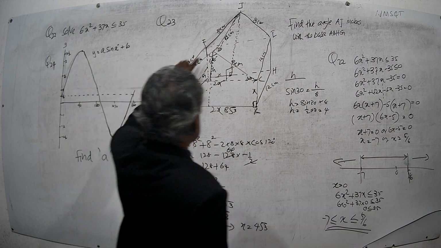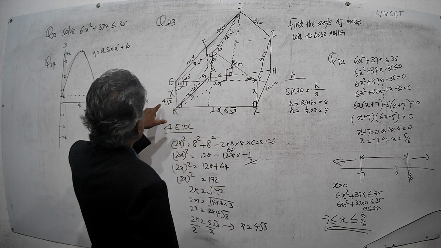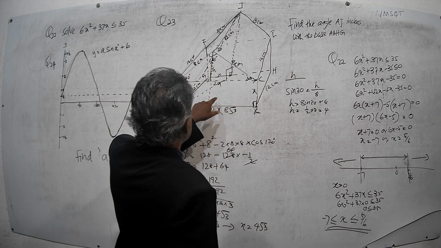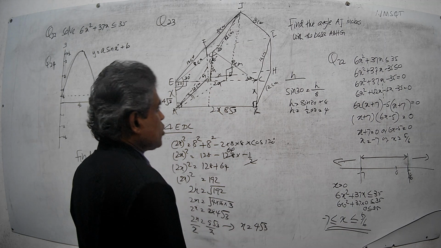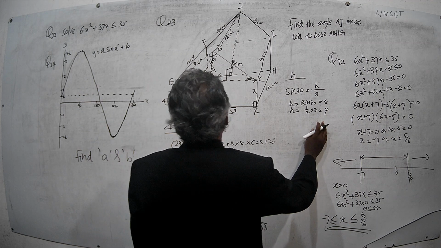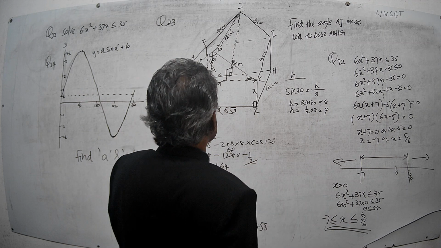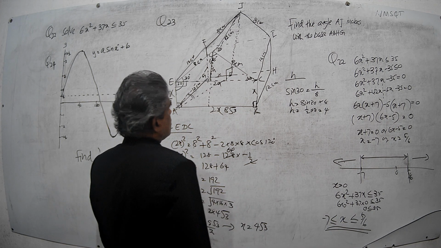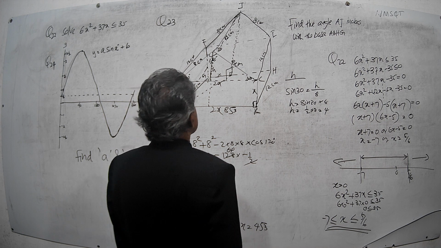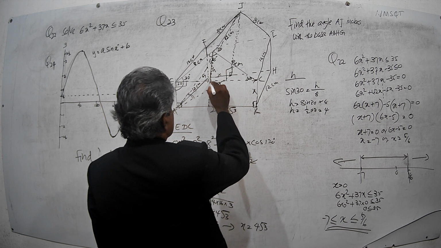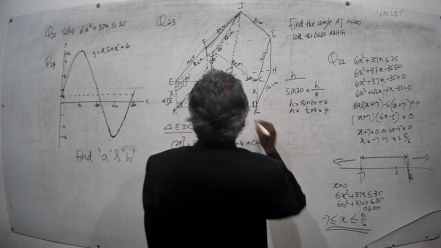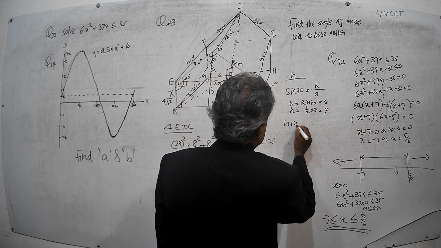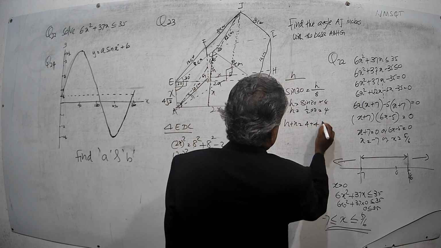This whole distance from here to here, this part is x, which is 4 plus 4 square root 3. Then accordingly, this part is x, no? Then you can write h plus x equals 4 plus 4 square root 3.